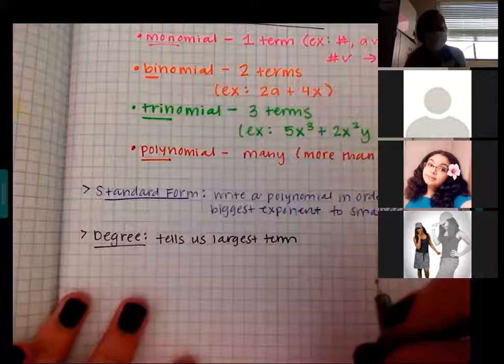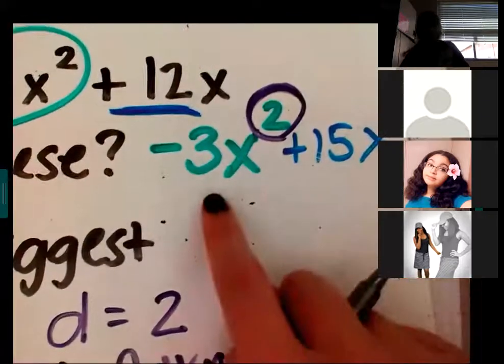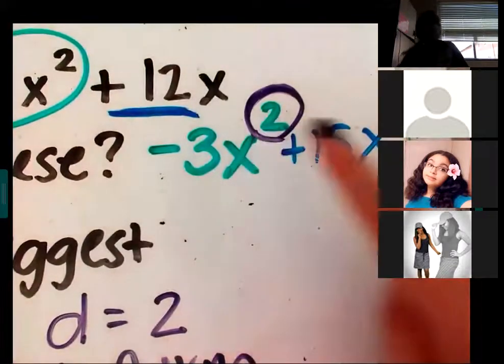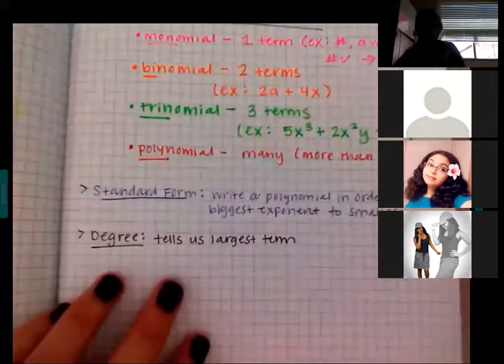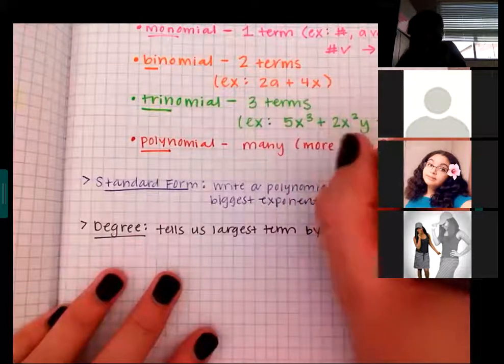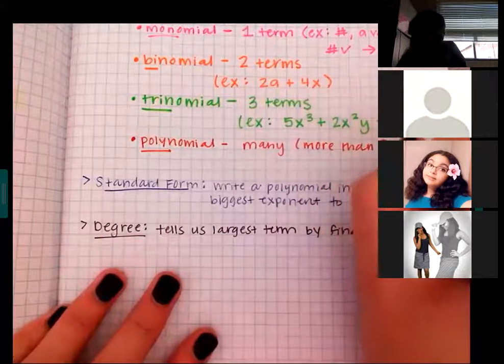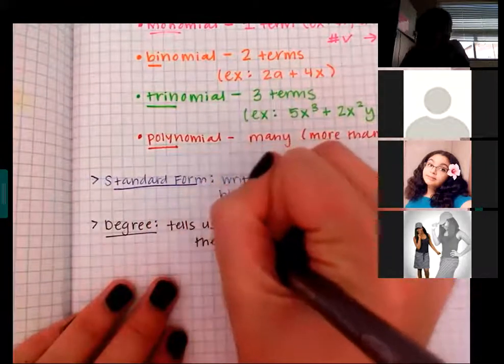You don't look at the coefficients. You look at how many x's there are. So in this example, even though 15 was bigger than 3, x squared is bigger than x. So this is automatically bigger. So it tells us the largest term by finding the biggest exponent.